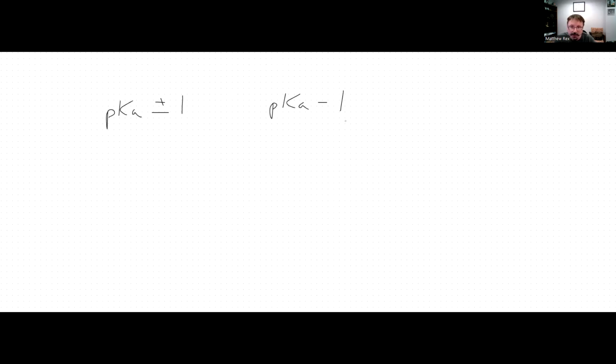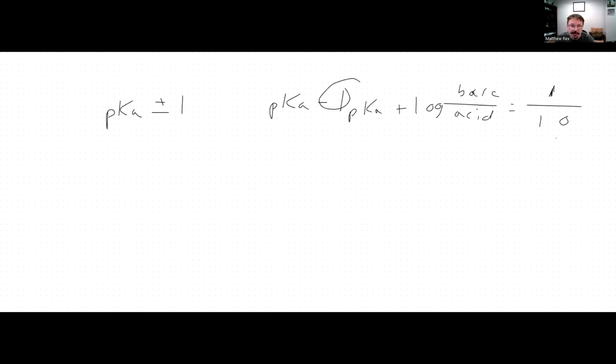So for this to be -1, that'd be the pKa plus the log of the base over the acid. For us to get to a -1, that would mean we'd have 10 times as much acid as base.